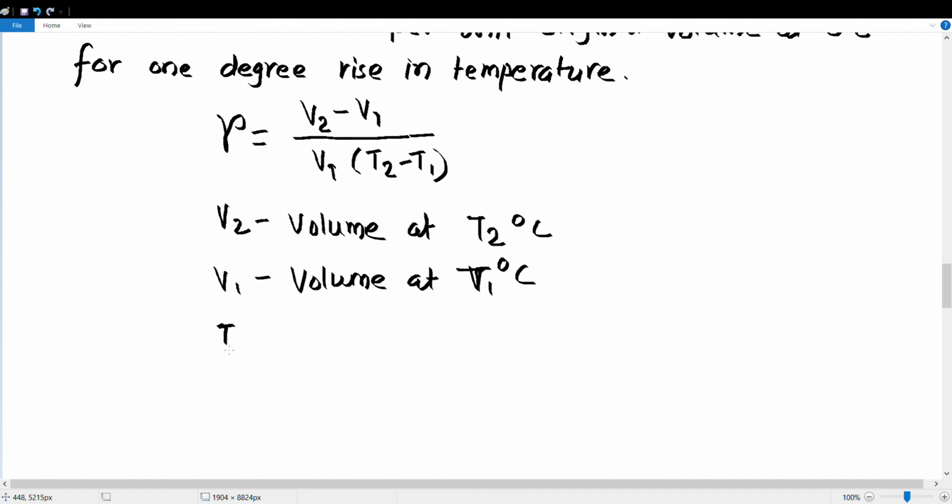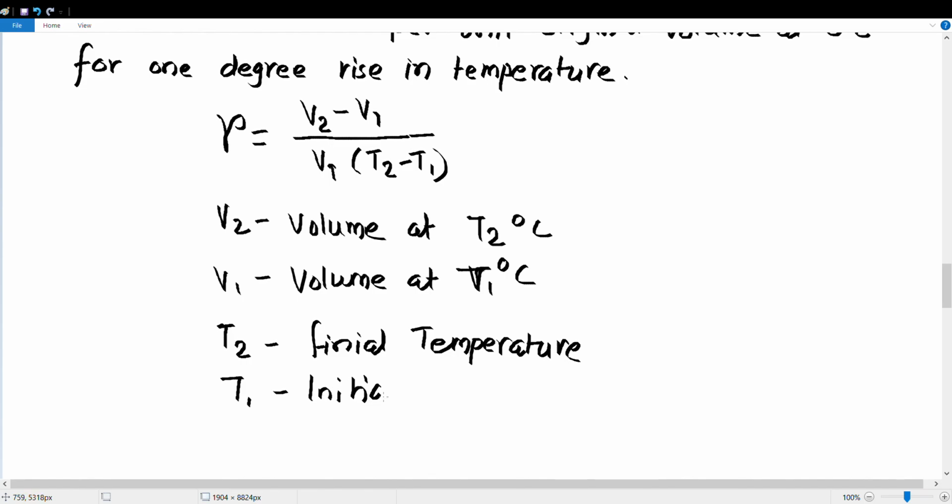This T2 is the final temperature and this T1 is the initial temperature.